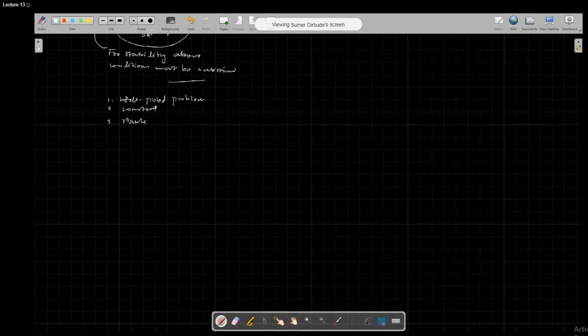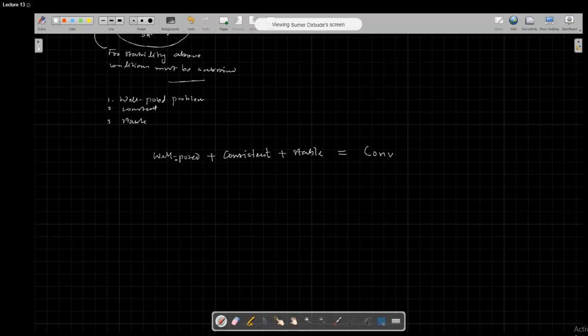Now, if all these three conditions are satisfied, if the problem is a well-posed problem, plus the scheme is consistent, and if it is stable, then it is guaranteed that we get convergence.